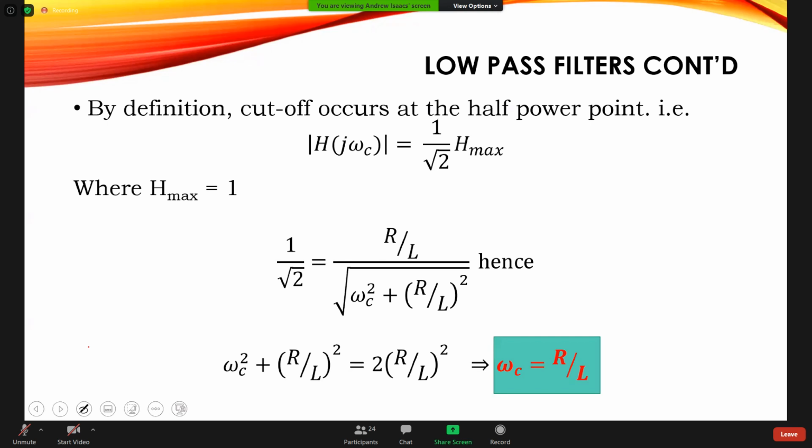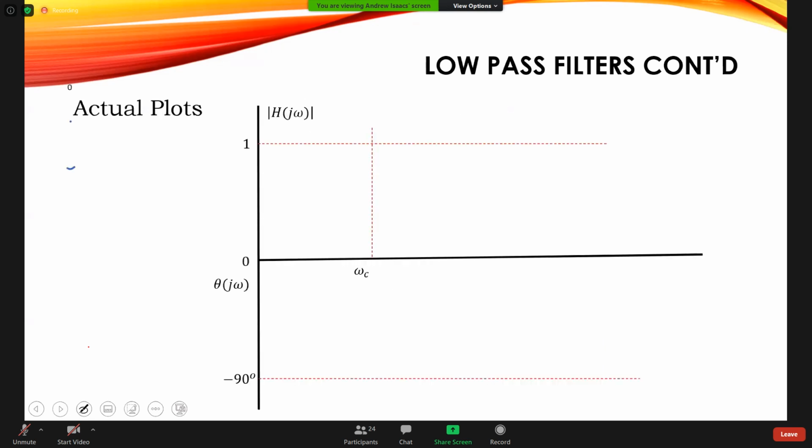So if you look back at your equations for omega, or for the magnitude of the transfer function, we now want to sketch the amplitude.